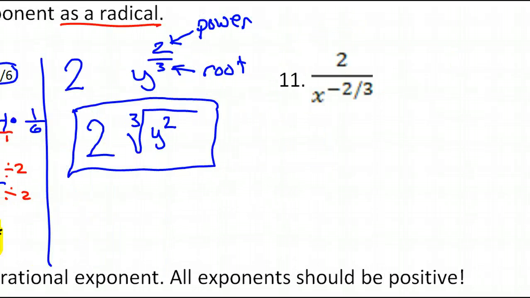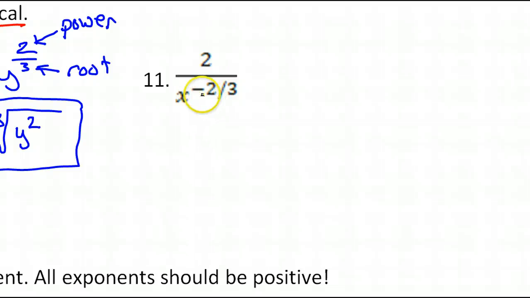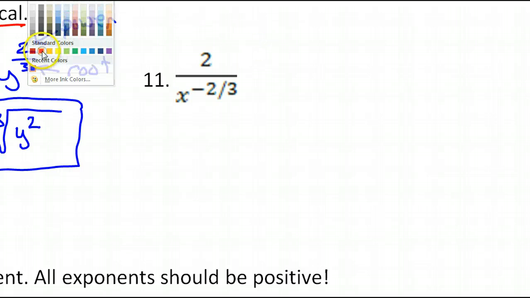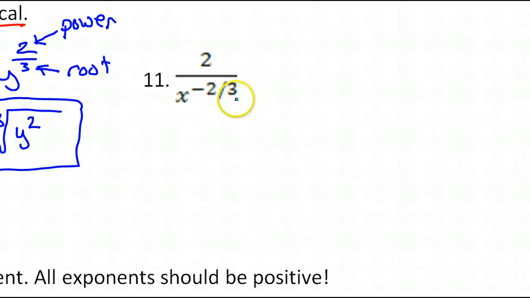Number 11. Well, I'll tell you what. Anytime I see a negative exponent, the first, I'll repeat, first thing I do is I move it. I like to move it, move it. So this, because it has a negative power, is going to travel to the other side of the fraction. It's going to join the 2 in the numerator.